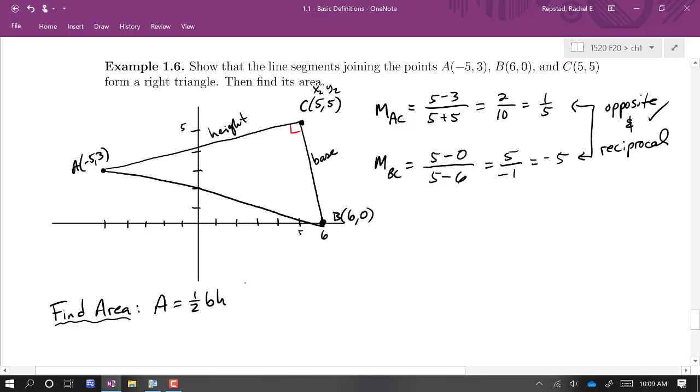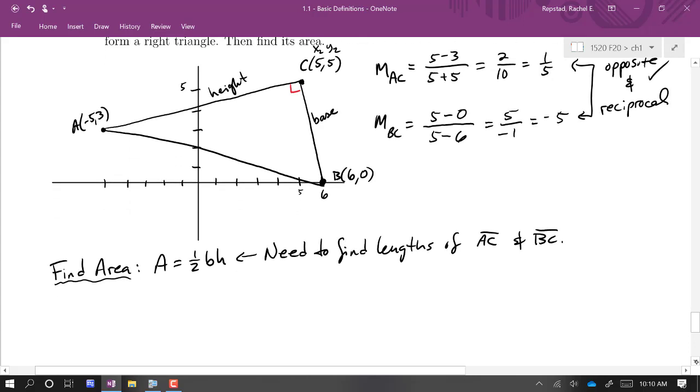So we need to find the lengths of AC and BC. And we know how to find the lengths of line segments. If we know coordinates, we're going to use the distance formula. I'm going to just write out that formula once here.